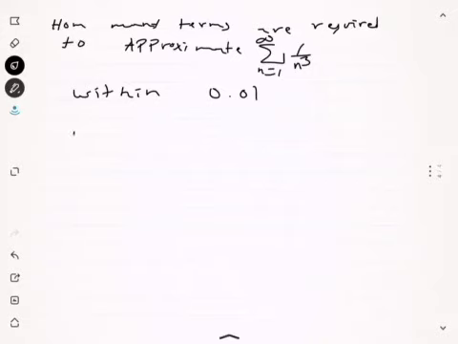So in other words, you want to find n such that S minus Sn is less than 0.01, but S minus Sn, that's Rn, less than 0.01.